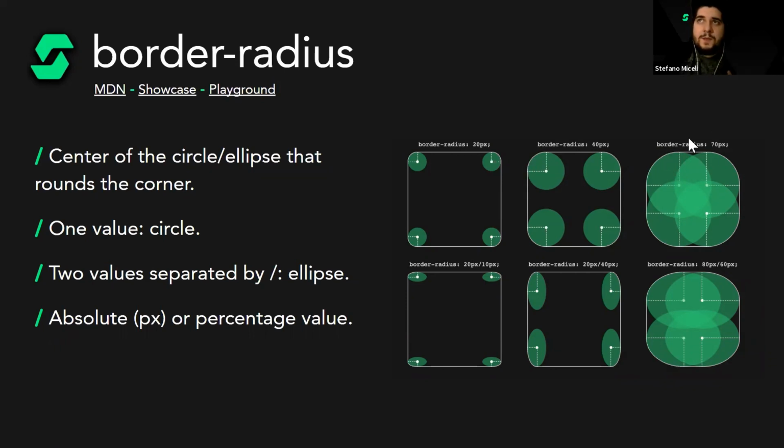As we increase that border radius, we go towards having a box that is almost completely rounded.